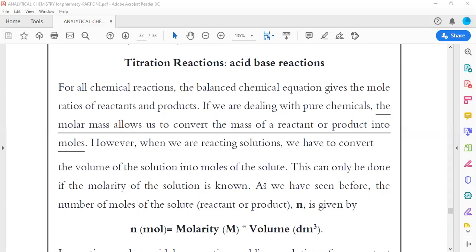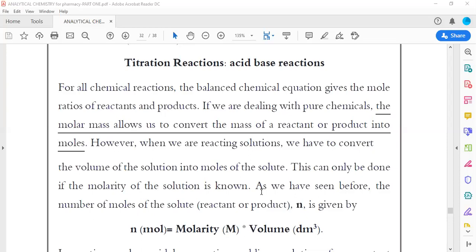We did this lecture before, and you did some examples. Of course, the unit for mass is the gram. Usually we use grams, and we convert to number of moles by using the molar mass.